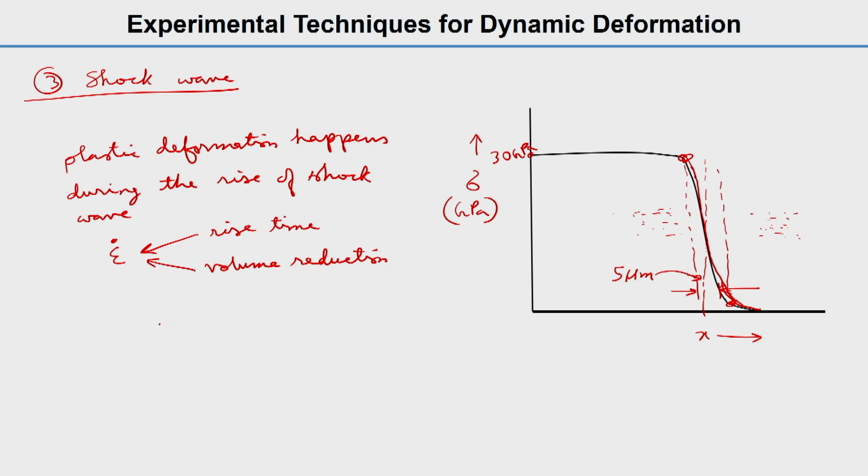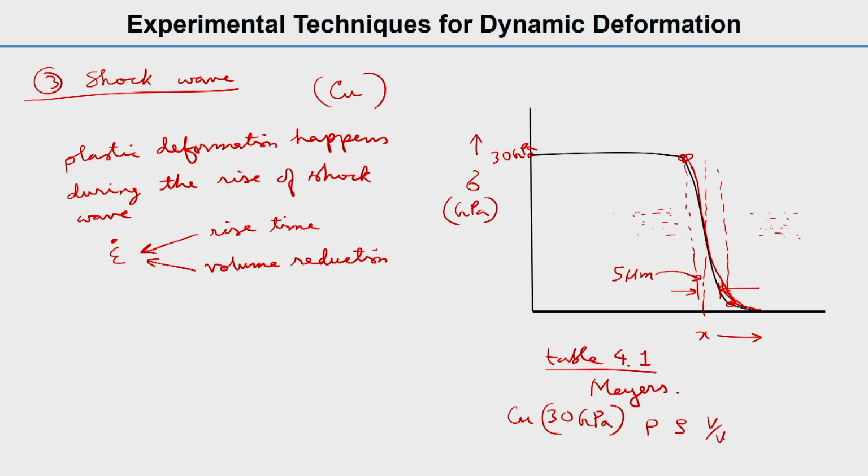Now you will see from our Table 4.1 in Marc Meyers' book that this material is copper, and for copper at 30 gigapascal, from Table 4.1 you can get the shock wave parameters like pressure, density, specific volume, and then shock wave velocity, particle velocity, and the sound velocity.